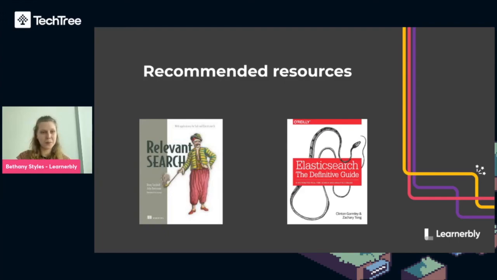I'm quite old school and like having a book in front of me, and I definitely used it a lot to get myself off the ground running when it came to first implementing Elasticsearch. I'd also recommend the Relevant Search book for the next stage when you're trying to improve the search results. It has a lot of information on why something might rank higher, and I'm reading through it at the moment, which is quite interesting.